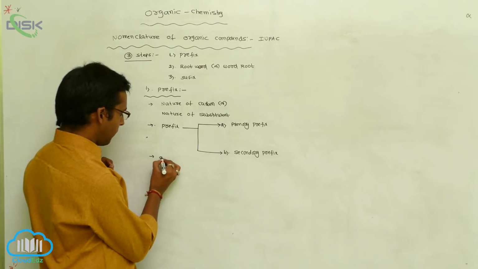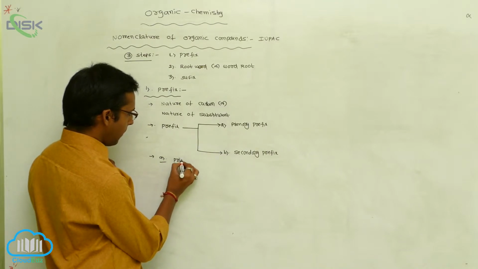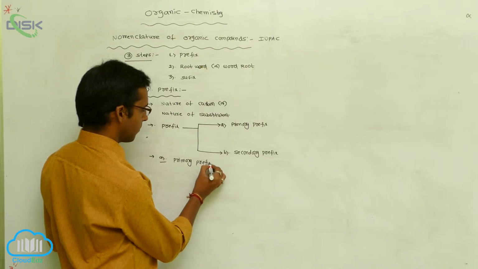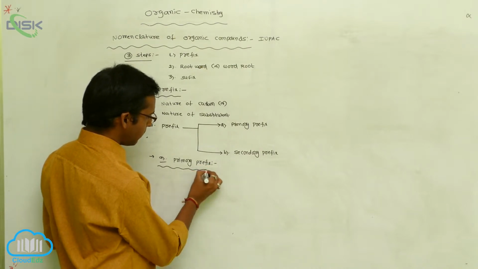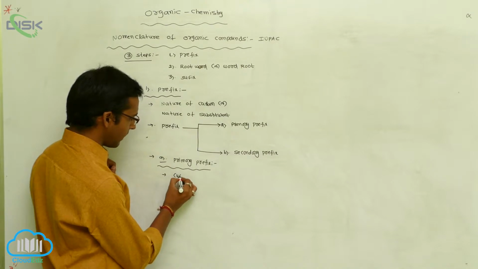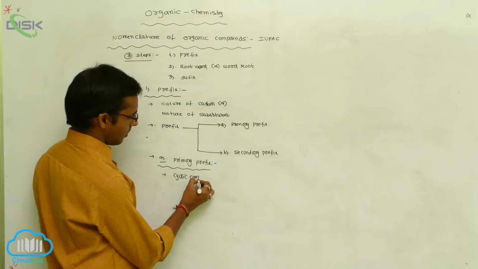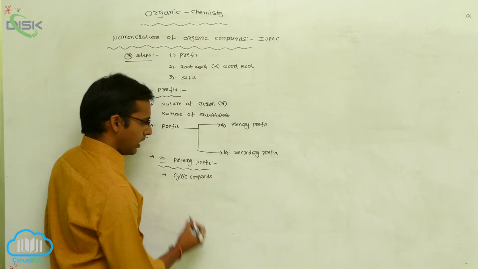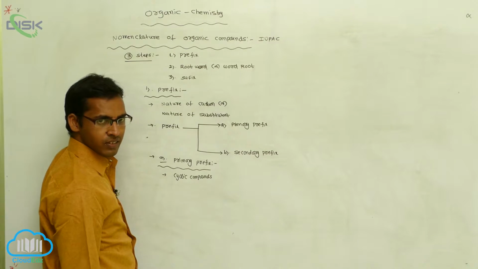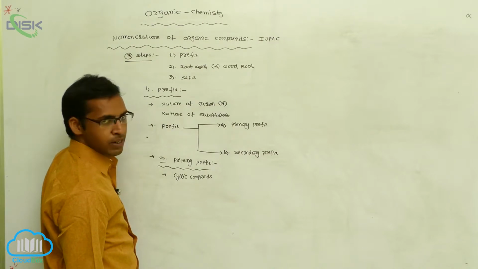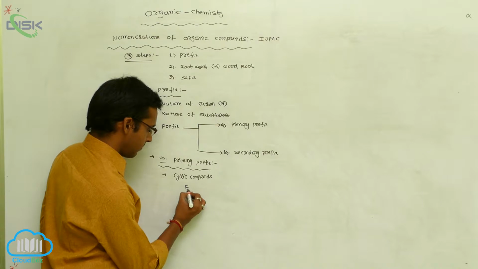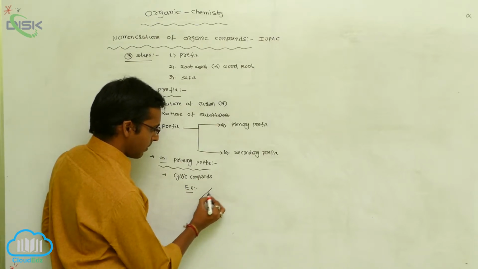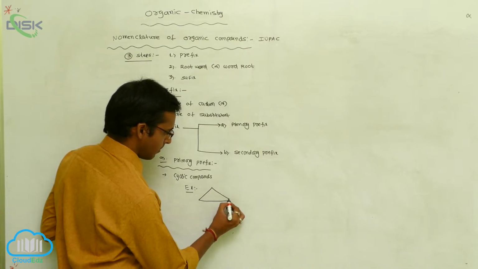In that, A, primary prefix. This primary prefix is applicable for only cyclic compounds. If cyclic compounds are absent, there is no use of primary prefix. For example, consider a 3-member ring.